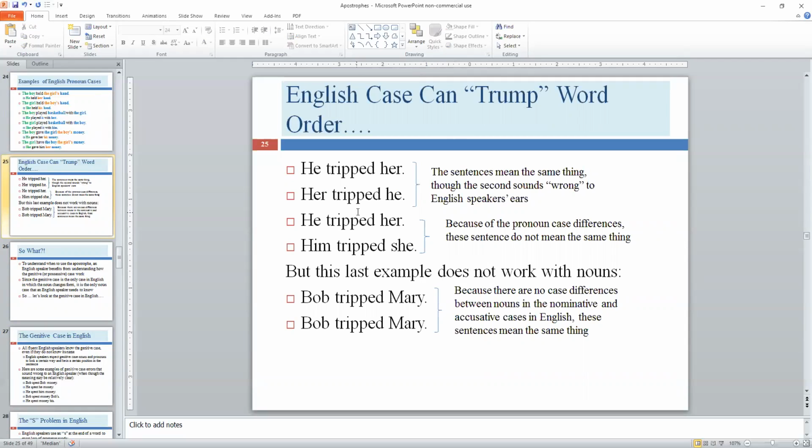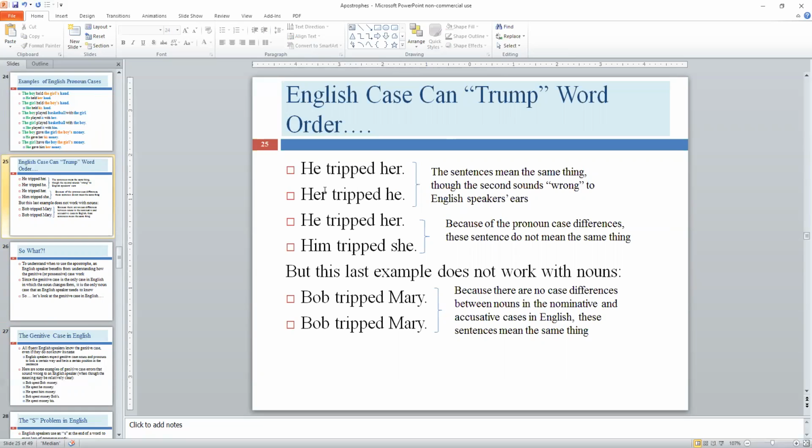Here's some examples. These two sentences mean the same thing. When we use the regular word order, when we say he tripped her, we're communicating that he is the actor. He's the one with his foot out. She's the one who is falling over his foot. So he is the actor, and she is receiving the action of the trip.